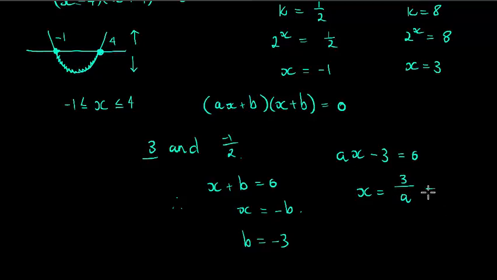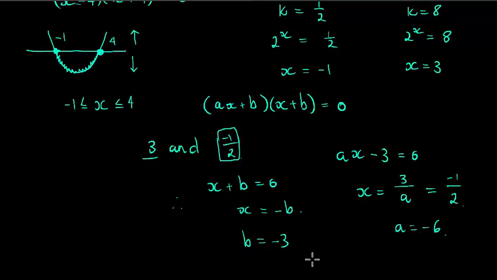And 3 over a must be equal to this other answer, minus 1 over 2. And then I just solve for a. Now, basically it just comes down to it: 3 divided by what will give you negative a half? Well, negative 6. So a is equal to negative 6.